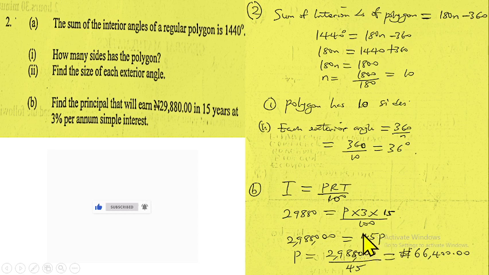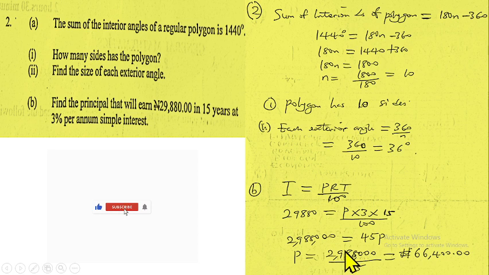From there, if you simplify, cross multiply, 100 will multiply this, that should give us 2,988,000. 3 times 15 will give us 45, times P, gives 45P. Divide both sides by 45, that should give us the value of P. So P will be equal to 66,400 naira, 0 kobo.